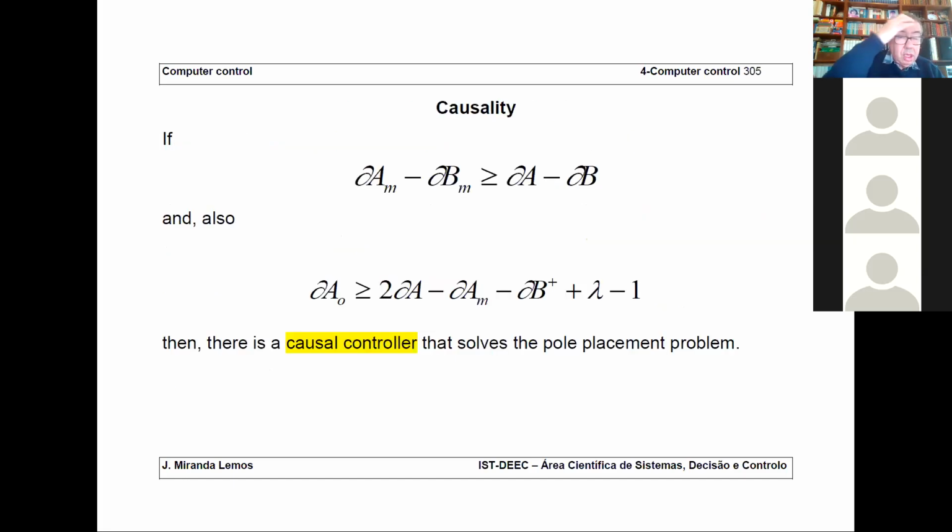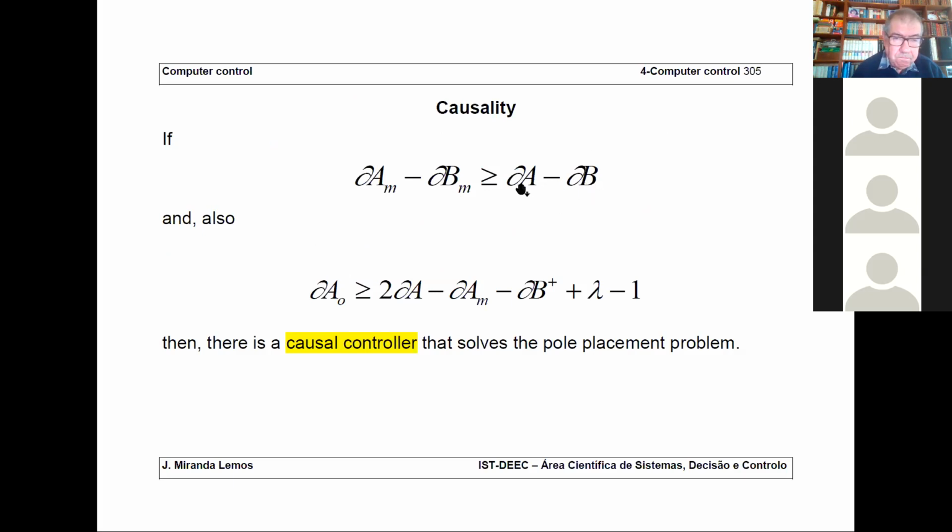Now, we have also causality, and you can prove this inequality. So the degree of Am minus the degree of Bm, the difference between the number of poles and zeros that you specify, must be bigger or equal than the difference between the number of poles and zeros of the open loop.